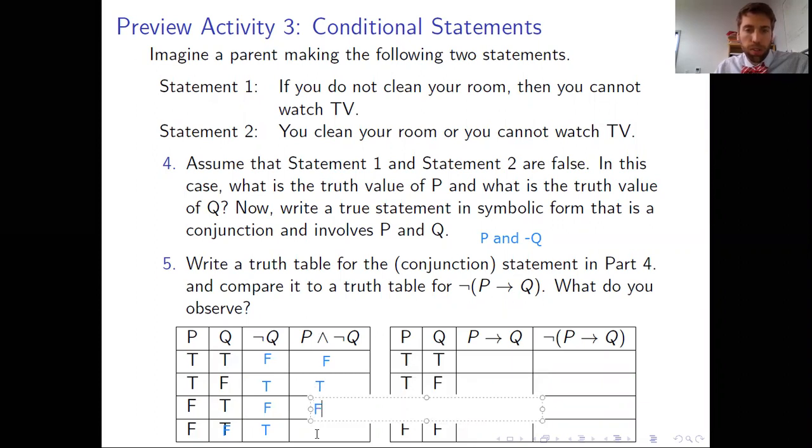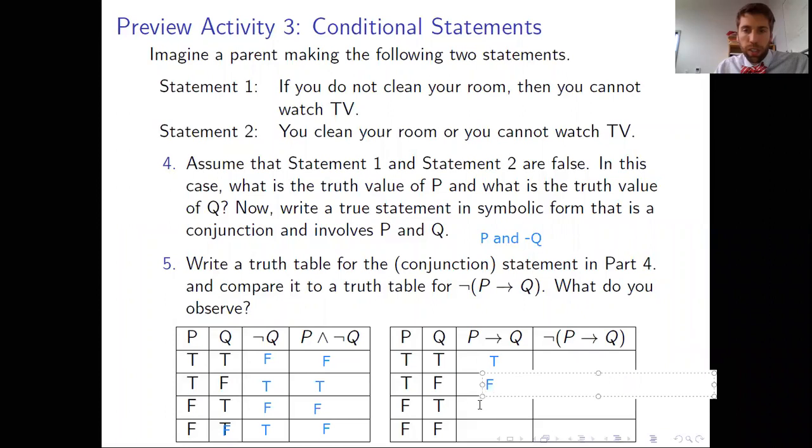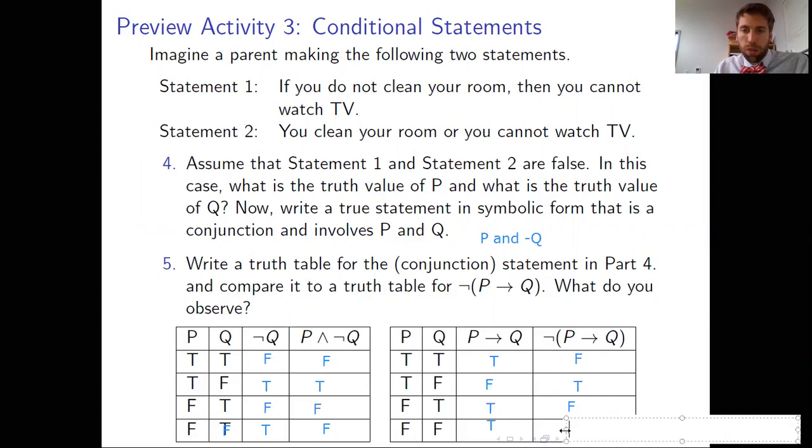You've got a double false, and a single false here. And then here, P implies Q is true here, it's false here, and then it's vacuously true here, and vacuously true there. And then negate it: false, true, false, false. So look, also the same. So we have two also equivalent things.